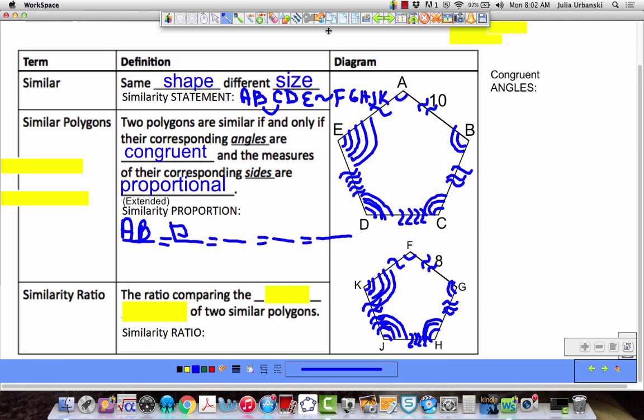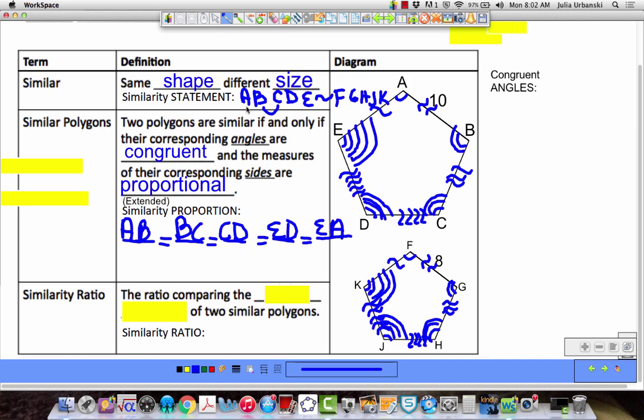And what's the next side after BC? CD. And what's the next side after CD? ED. And I want you to notice that it's all the same up at the top. And after ED, you have EA or AE. It doesn't matter. So look, AB, BC, CD, DE, EA. They all go in order like that.